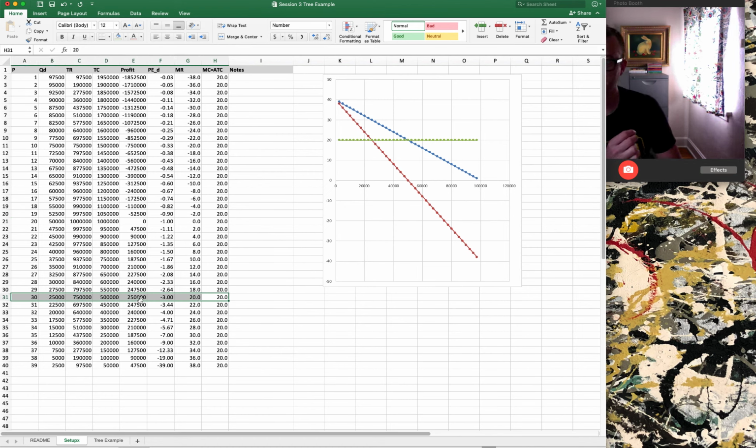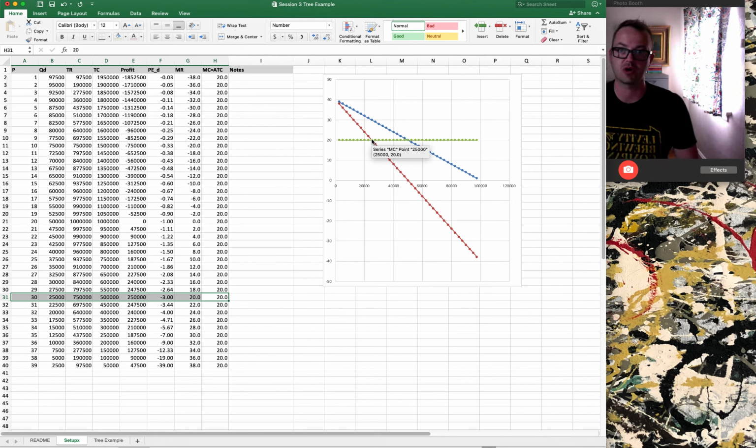This is my profit max, and you can tell that profit is negative, and then it breaks even, then it maximizes and goes down. So at this point, $30 and quantity of 25,000 is right here. So just as theory would predict, marginal revenue equal marginal cost here, that's the maximum profit.